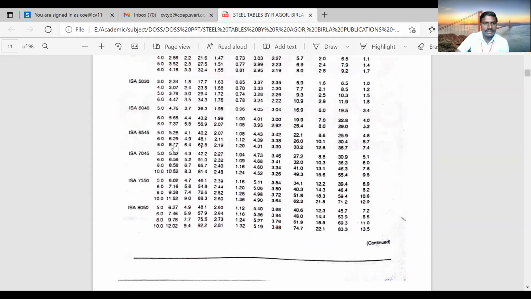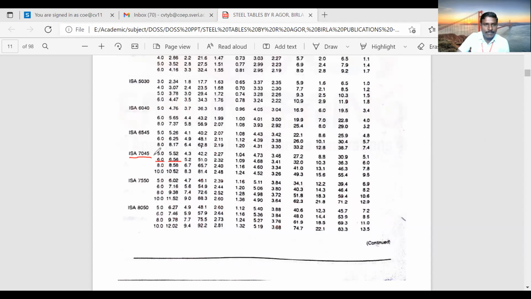So you can see here, 656 is there. 70 by 45 by 6. You can see on the screen.